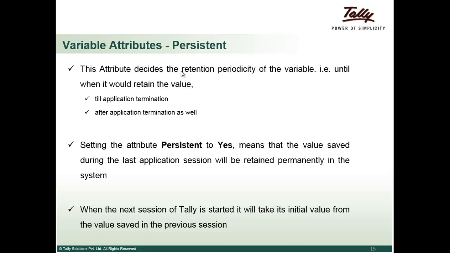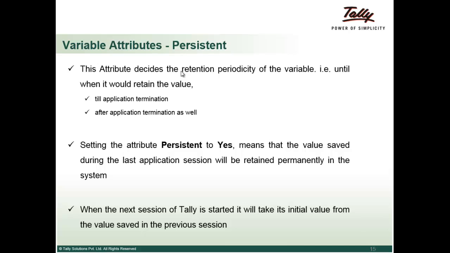The classic example for this would be the backup path which you would give in Tally. Whatever path you give is stored in a variable, and the variable is persistent. That is, even after you come out of Tally and again open the Tally application, the path that you had last selected previously will be retained, and that will be shown in the backup path.